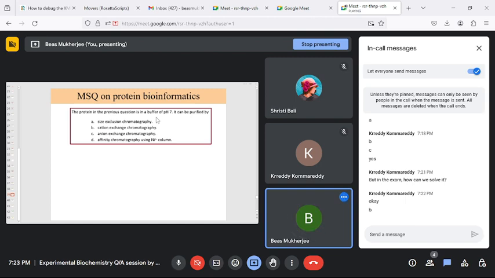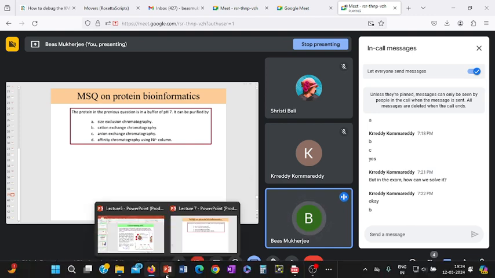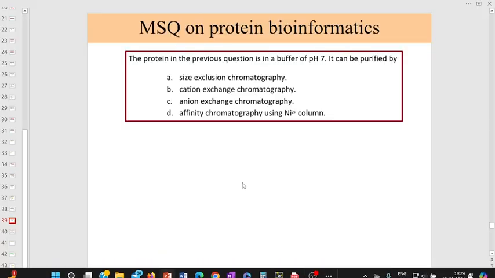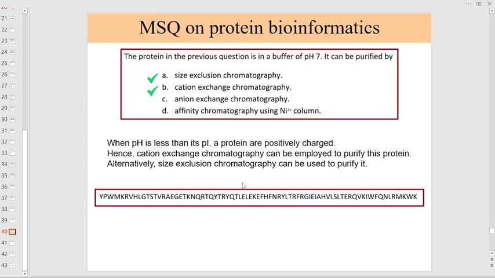Now when it is in a buffer of pH less than its pI, the protein is positively charged, and when the pH of the buffer is more than the pI, then the protein is negatively charged. So in this case, we would go for cation exchange chromatography, because the protein would be positively charged. Also, you can go for size exclusion chromatography if you want to purify it.